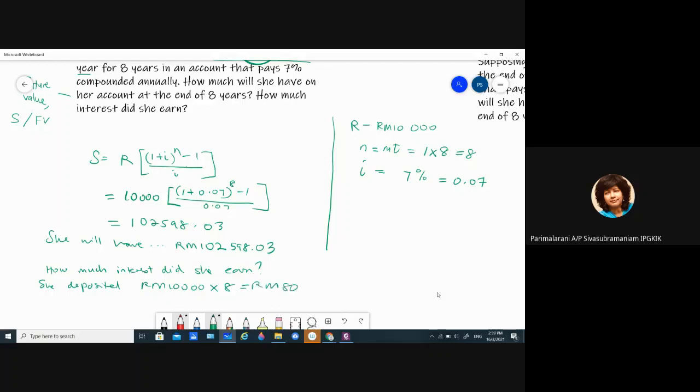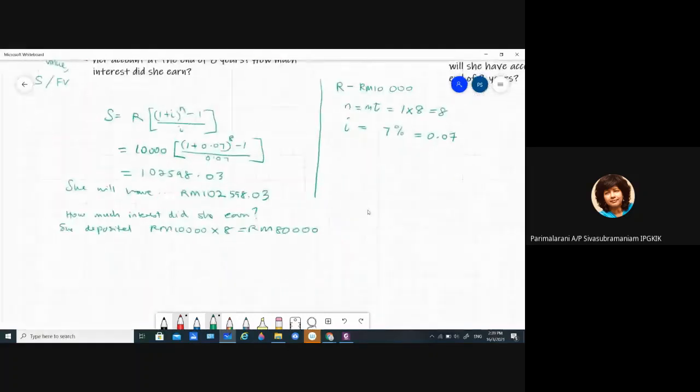Therefore, she deposited 80,000 ringgit into her account. But at the end of the time period, she got 102,598 ringgit and 3 cent.